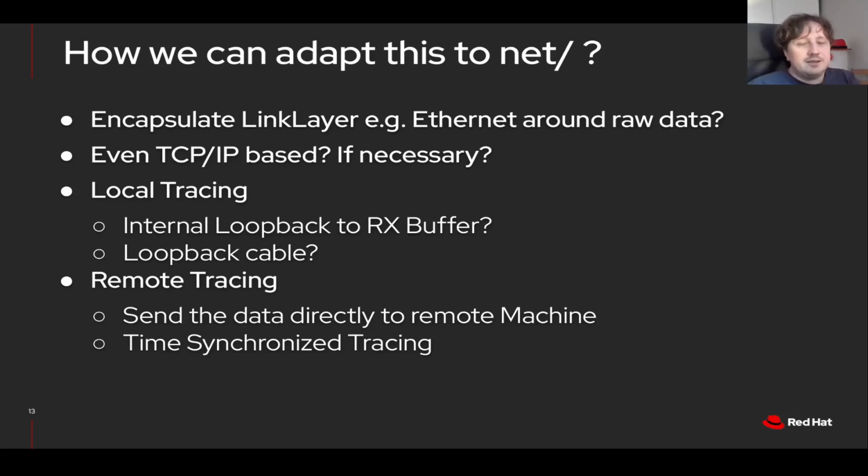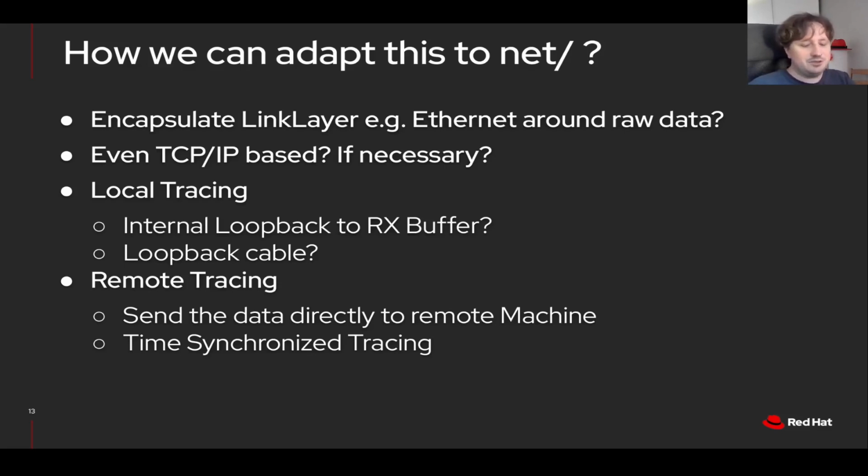And for local tracing, I was thinking, when you have the transmit and the receive buffer on the NIC, can we already redirect the same data to the receive buffer on the NIC and have the ASIC control this?